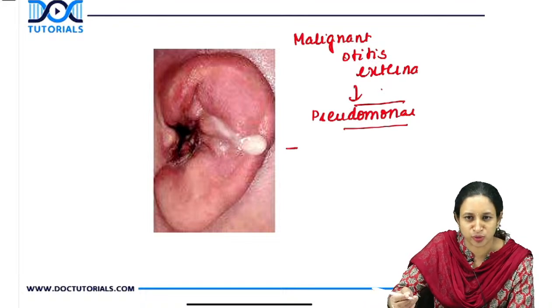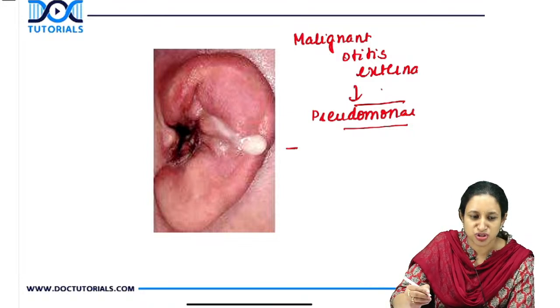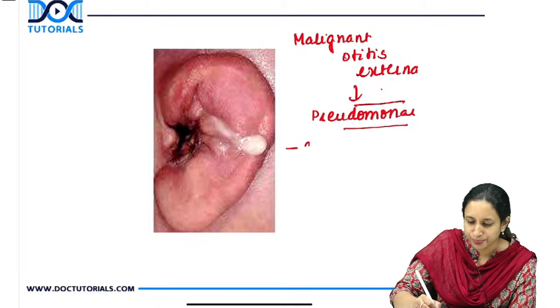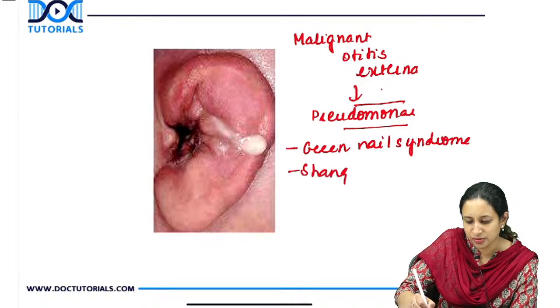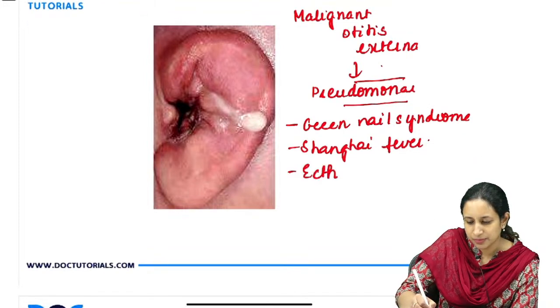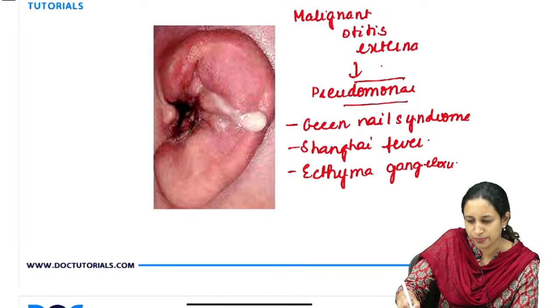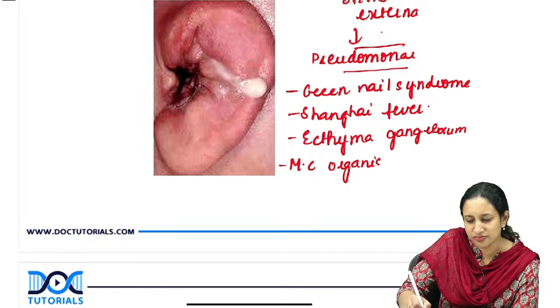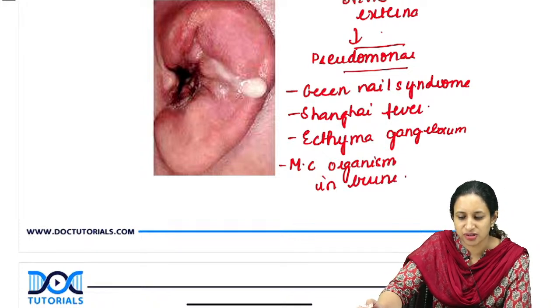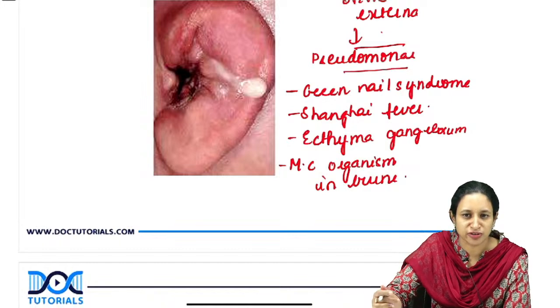What are the other conditions that you have to remember for Pseudomonas? Other conditions it causes are green nail syndrome, Shanghai fever, ecthyma gangrenosum, and it is the most common organism to cause infections in burns.